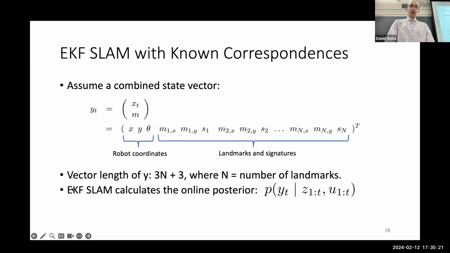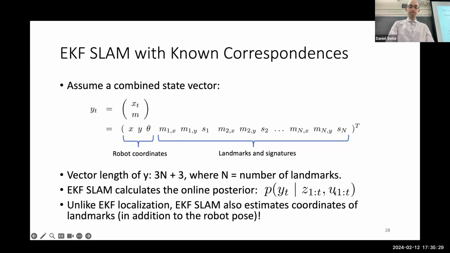Yeah. So the whole point of EKF SLAM is to calculate this online posterior. Remember, as I mentioned in earlier classes, the definition of a state is kind of ambiguous. The state so far has usually been the pose of the robot.